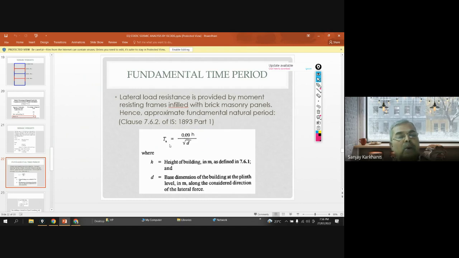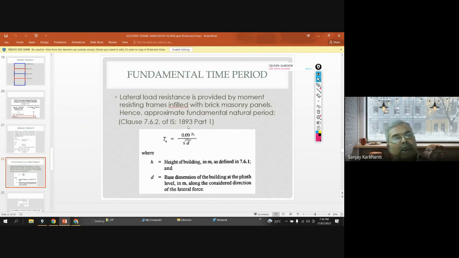That's why we call it as empirical formula, because it is based on n number of previous data, observations and calculations and everything. And finally they say that maybe this could be it. There are n number of empirical formulas applied all over world. Every code is having empirical formulas based on their studies.